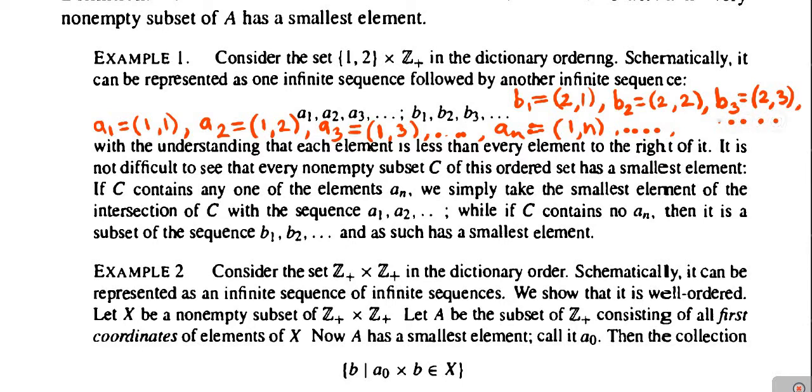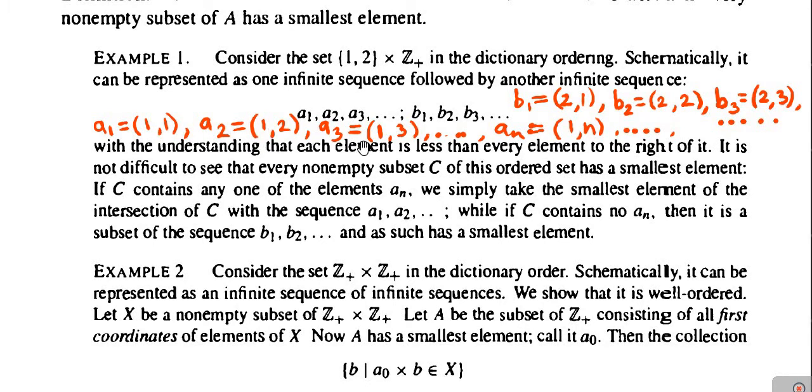Such are the elements of this sequence. Then obviously if we consider the dictionary ordering, a1 is less than a2. Why? Because in a1 and a2, the first components are both 1, but the second element 1 is less than 2. Therefore a1 is less than a2.